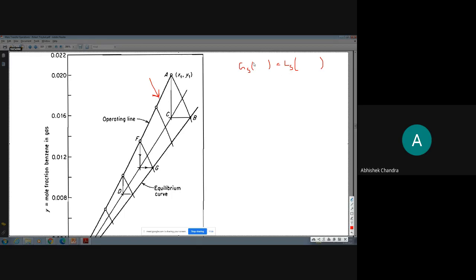Simply this is x1 minus x2, so these two give the operating line. Then for the equilibrium line, we have already discussed how to find it, as we know the relationship.